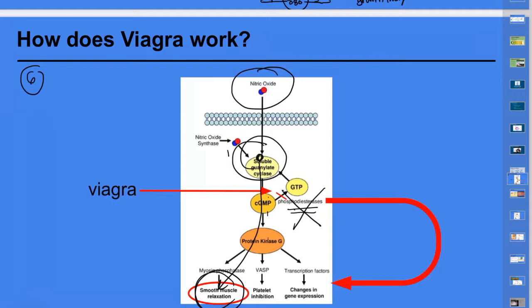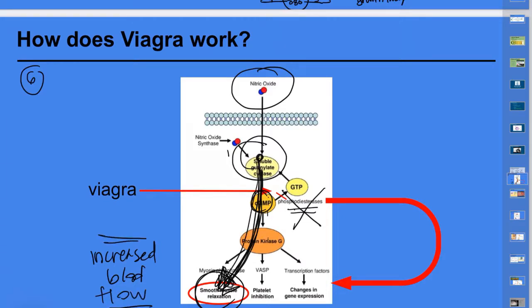However, what Viagra does is inhibit the ability of this enzyme to convert back to GTP. That means it stays as cyclic GMP, and this signal keeps going to keep relaxing the muscle. When the muscles relax, the blood vessels dilate and there's increased blood flow.